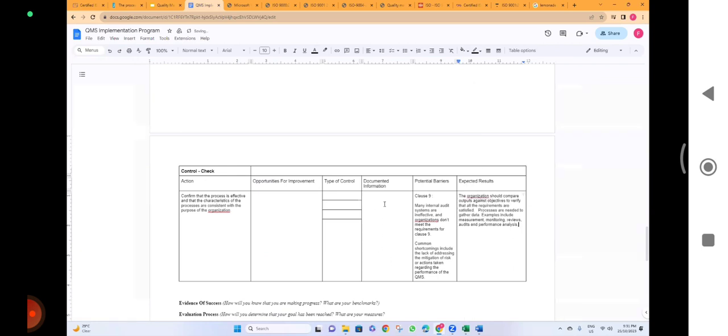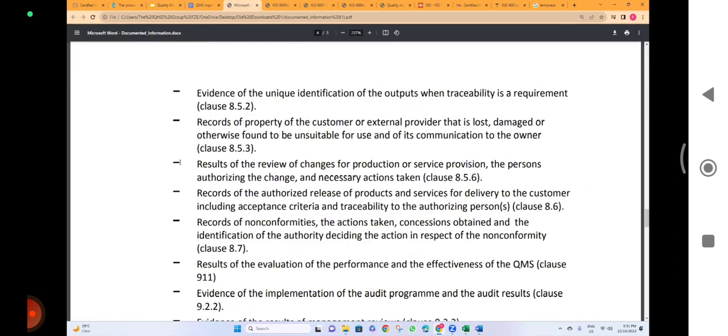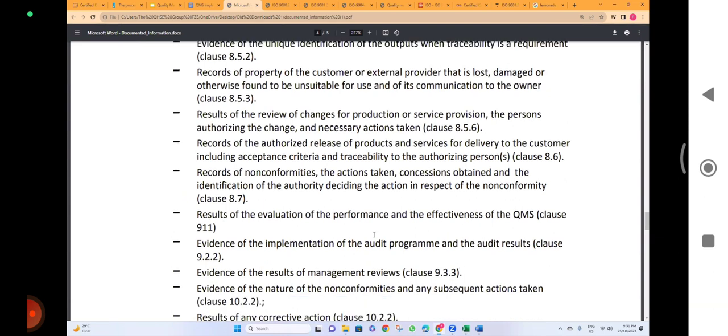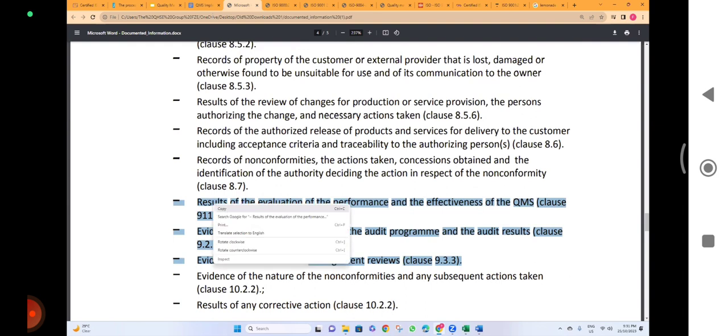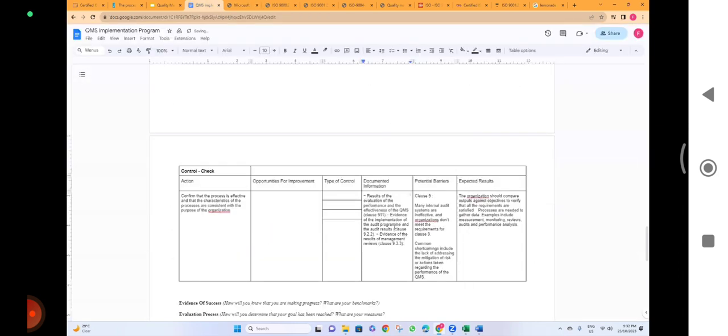We also need the documented information. For documented information, you come over here and go to clause number 9. Everything that has number 9, you take it over here, and this is the documented information that is going to help you to complete this action.